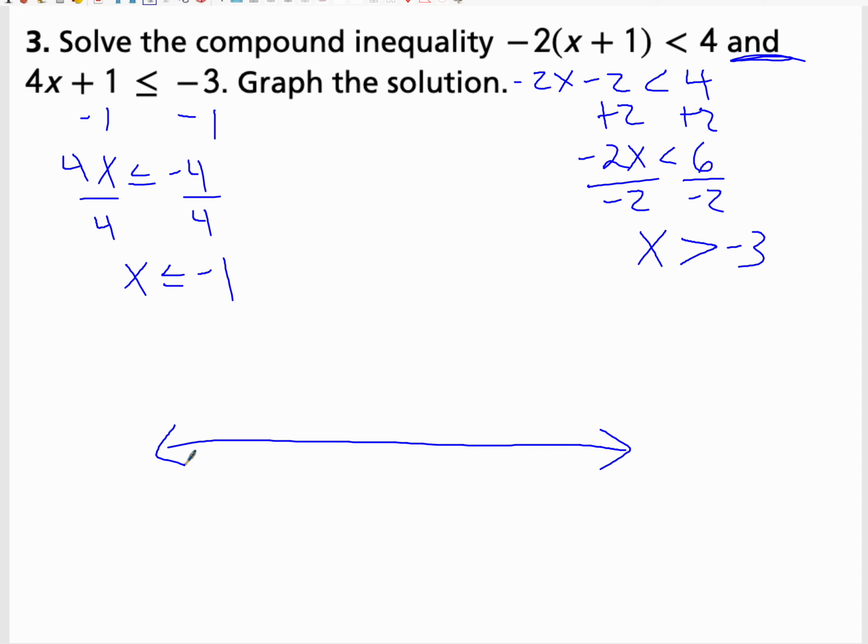So if you're drawing a number line, just get enough information on the number line that you can make your graph work. So my smallest number is negative 3, and x has to be greater than that. Then I've got a negative 1, and x has to be smaller than that.